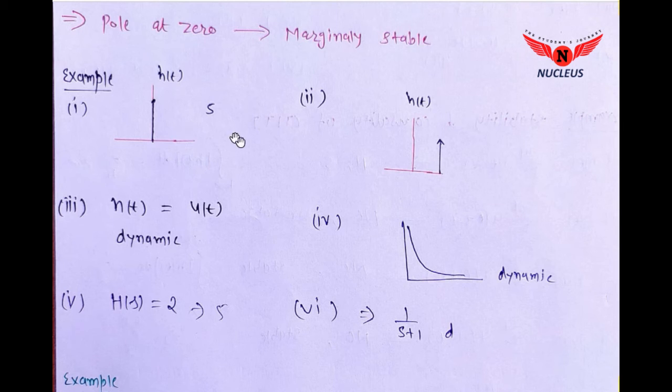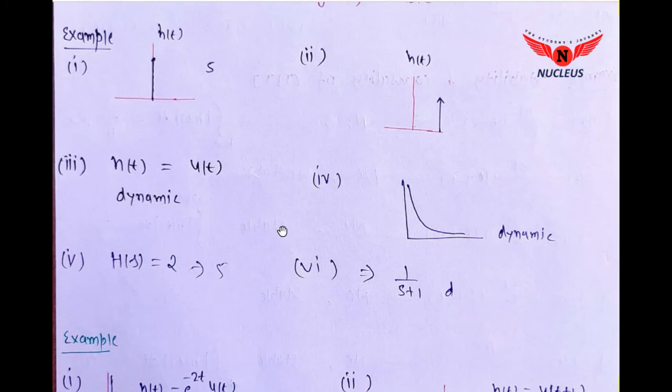In the first example, the impulse response is at the origin. So this is static, this is dynamic, this is also dynamic, and this is static because the transfer function doesn't depend on frequency. And this is dynamic.